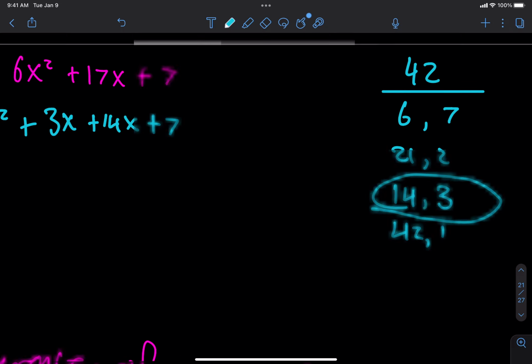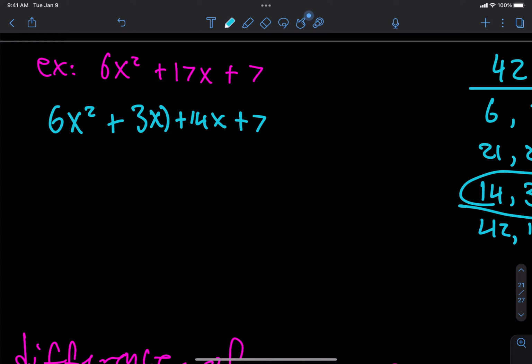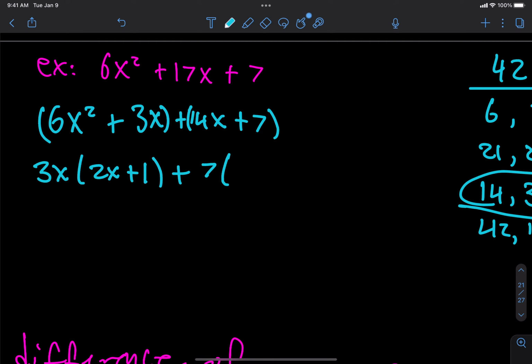Yeah, I can take out common factors from these subterms, right? So I'm going to draw parentheses around these guys, and I'm going to take out the common factor, which is going to be 3x, and then what I have left inside is 2x plus 1, right? 2x plus 1, okay, and then I'm going to add, and what can I take out of the second one? A 7, right? I can take out a 7.